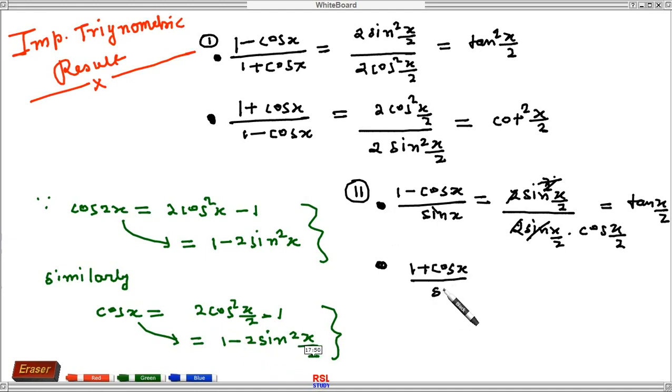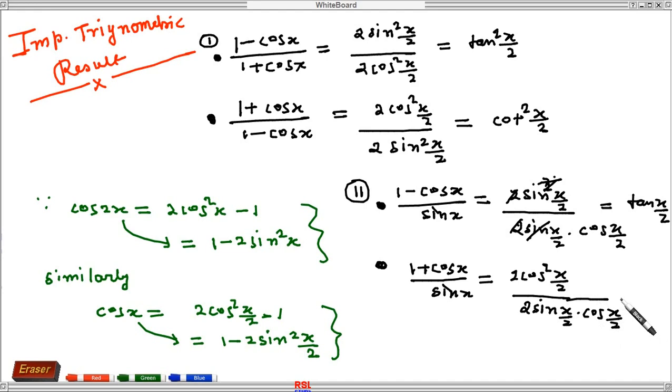And 1 plus cos x over sin x can be written as 2 cos square x by 2 over 2 sin x by 2 into cos x by 2. After solving you will get cot x by 2.